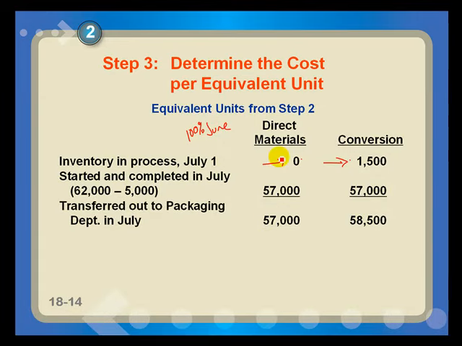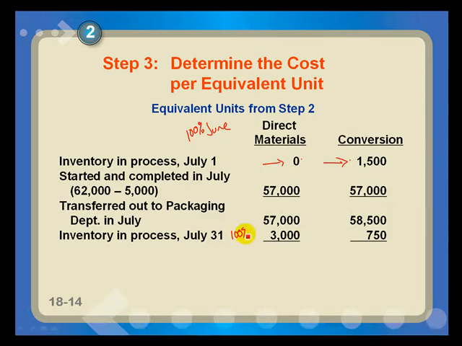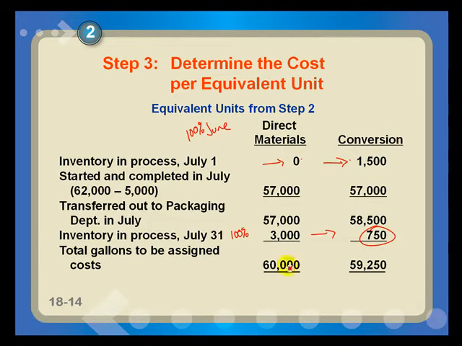Transferred out to packaging, that's just math right there. Inventory in process, July 31st, we did 100% of the materials we put into these 3,000, but we only did a little part of the labor. So only $750 worth of labor on those and overhead. And so total gallons to be assigned costs. Direct materials, we want to assign the cost to 60,000. We put 60,000 units of direct material into this month.